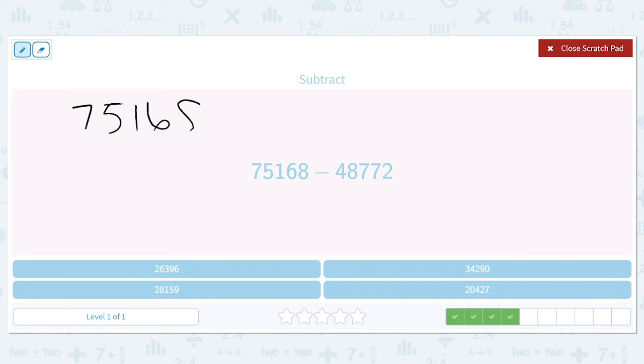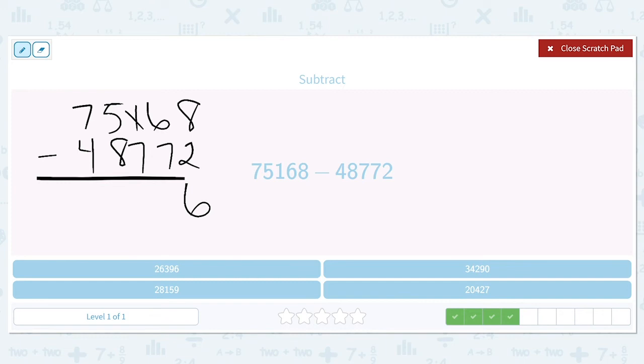75,168 minus 48,772. 8 minus 2 is 6. Can't do 6 minus 7, so we're going to borrow from the 1. 16 minus 7 is 9.